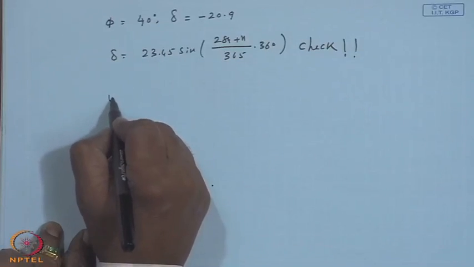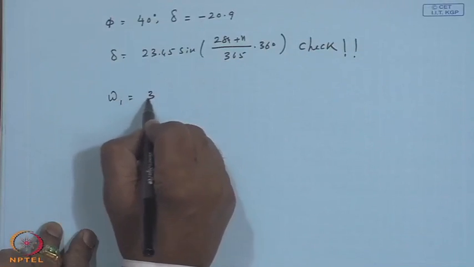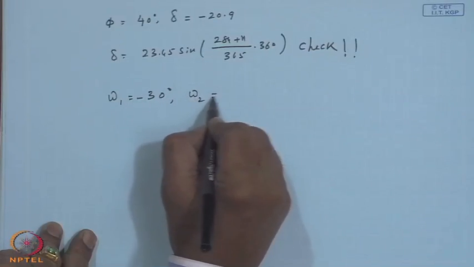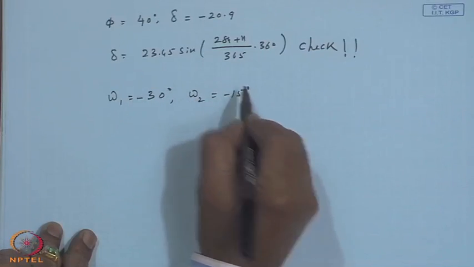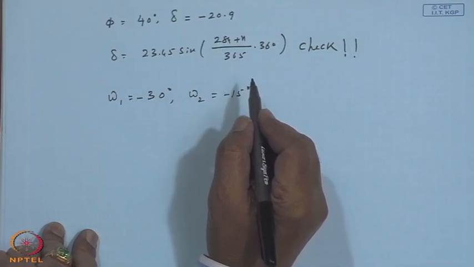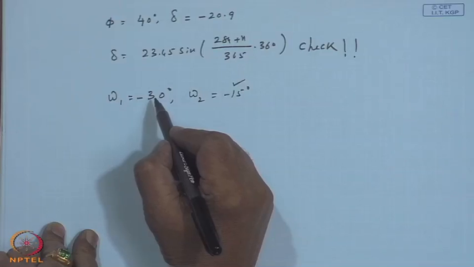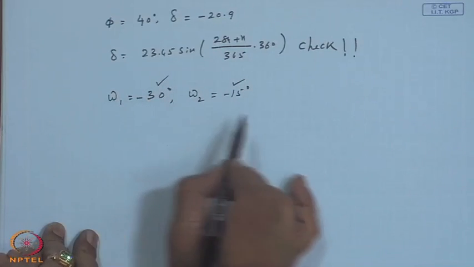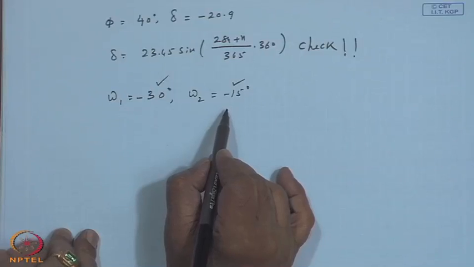So, omega 1 will be minus 30 degrees and omega 2 is minus 15 degrees. The time is 10 to 11. 11 o'clock will correspond to minus 15 and 10 o'clock will correspond to minus 30. So, omega 1 is minus 30 and omega 2 is minus 15.